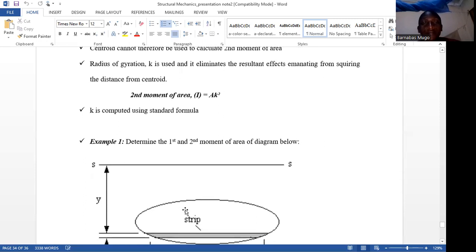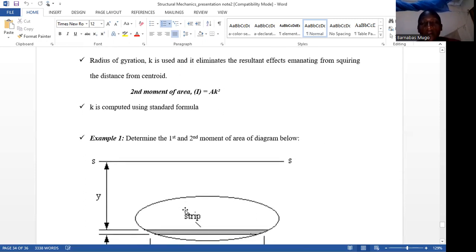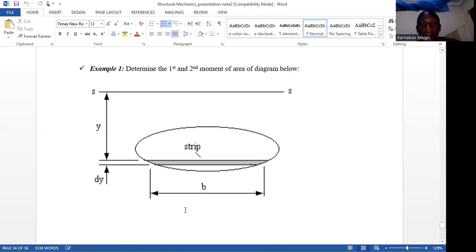And then we are going to see that there is a formula that we use in calculation of K. So we are required to determine the first and the second moment of area in this case.